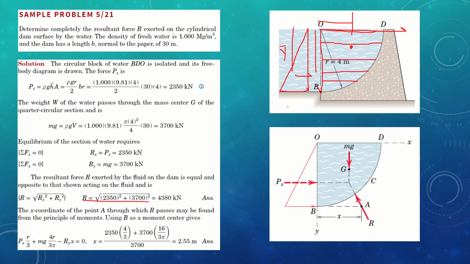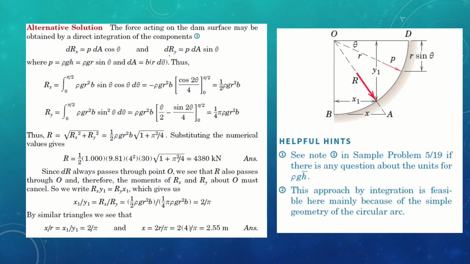Now this is one approach. The second approach, which you have studied, is to integrate to find the shaded region or area under this curve, and using this substitution, we are going to find the exact value of R and the position of R.